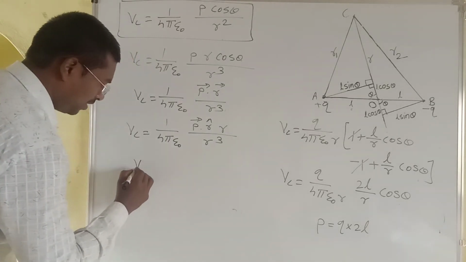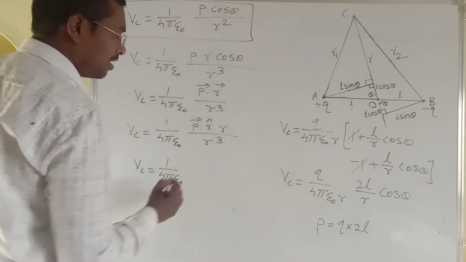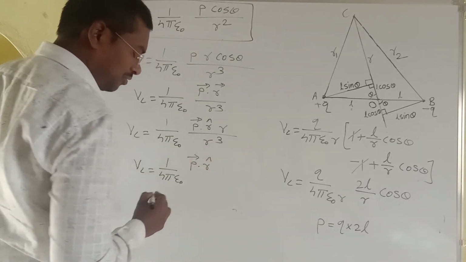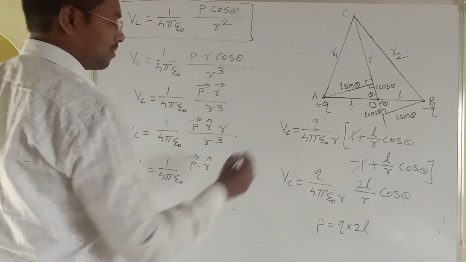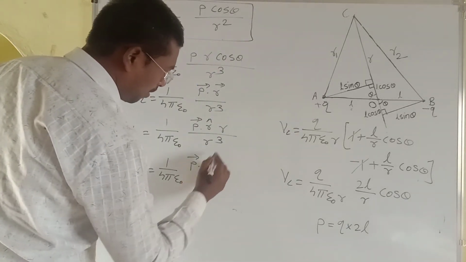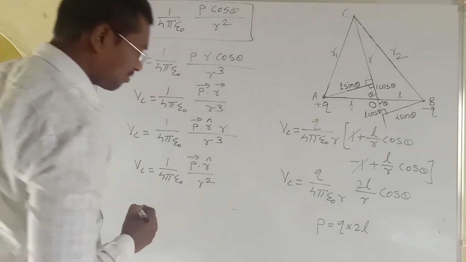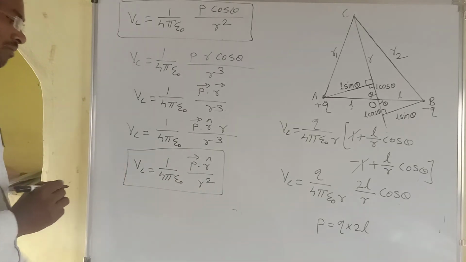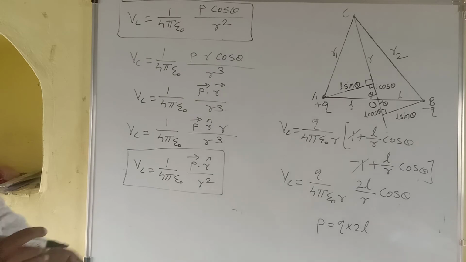Therefore, V_C is equal to 1 upon 4πε₀, P̄·R̂, where R̂ is the unit vector along the direction of R, upon this one R gets cancelled, so we can write this as R square. This is one more equation for electric potential at point C.